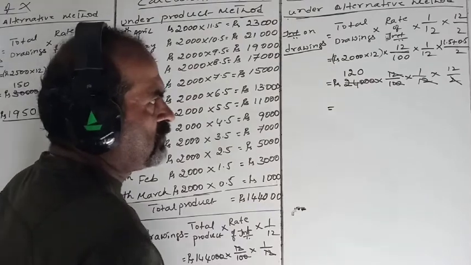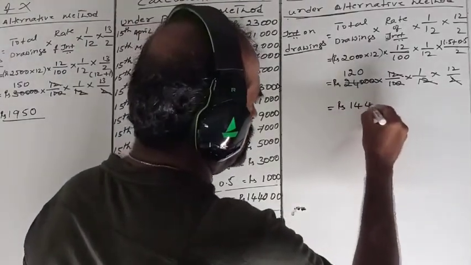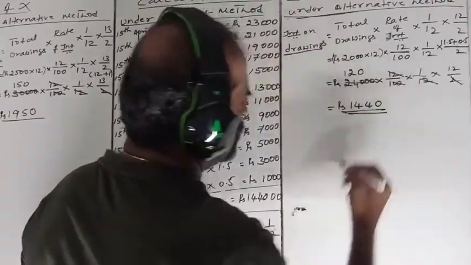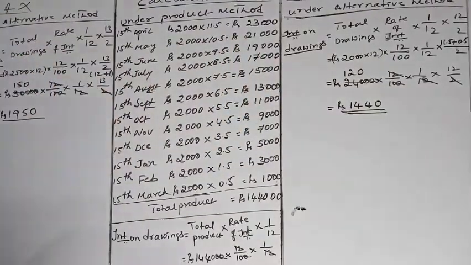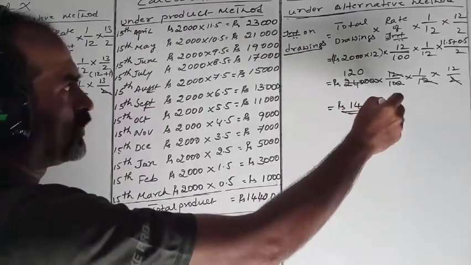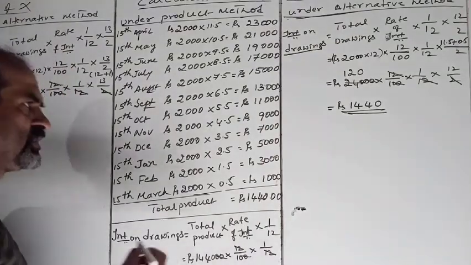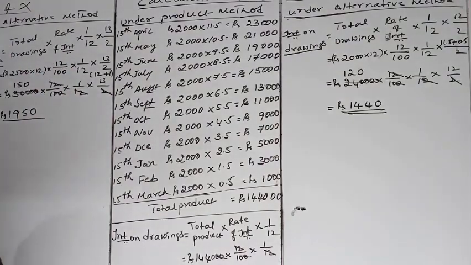Right? 120 multiplied by 12 rupees is 1440. See the answer. The interest on drawing is rupees 1440 under the alternative method. Again, under the product method the answer is the same. Right? Any doubt in this?